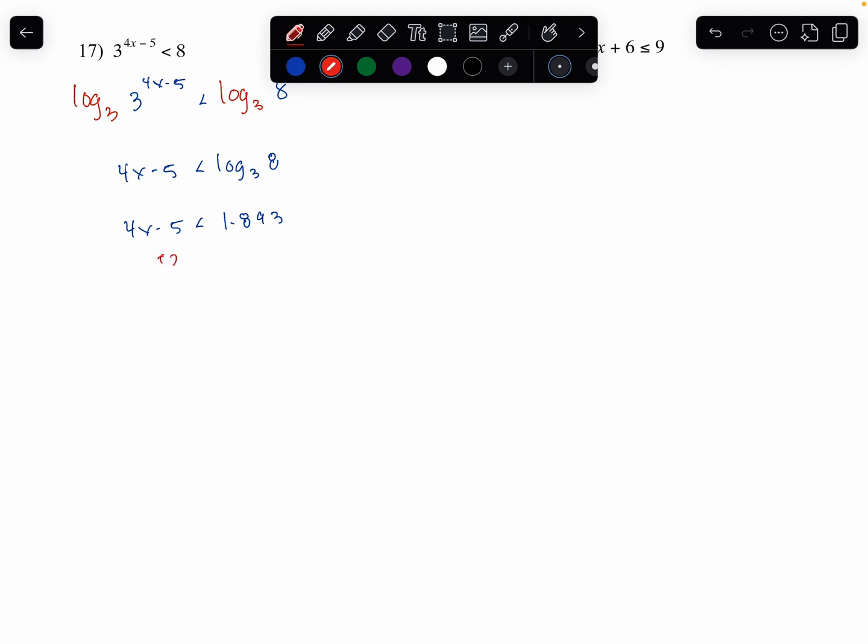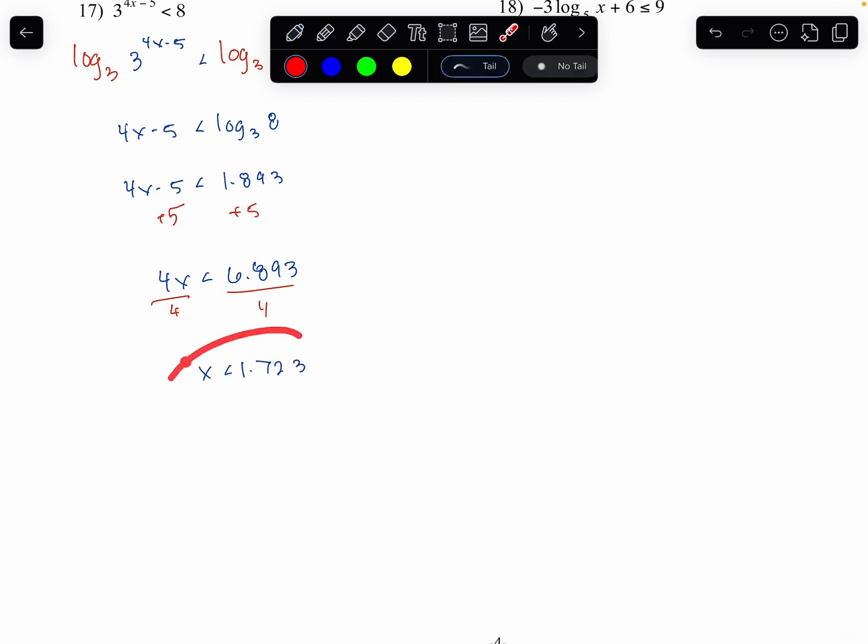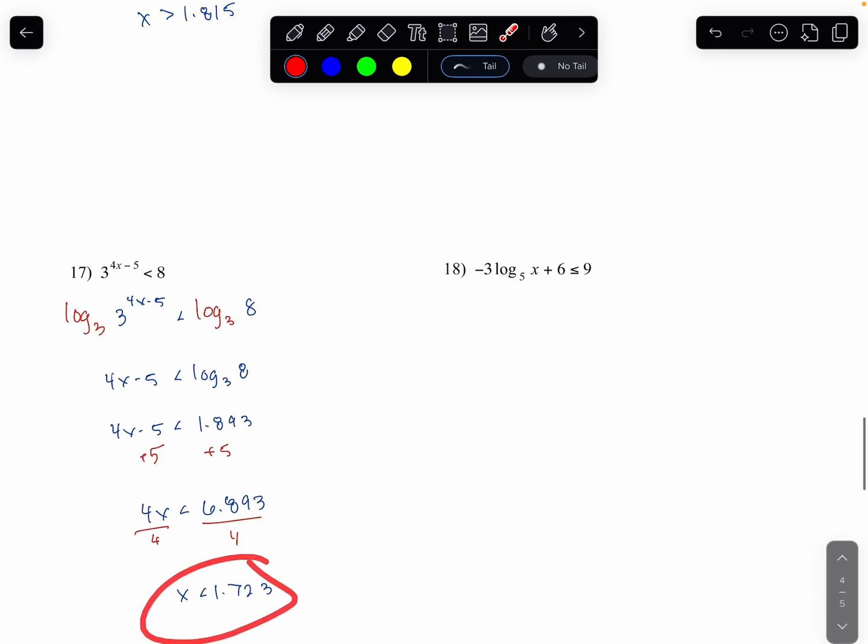Okay, and then I'm going to add 5. So then I get 4x is less than 6.893. And then divide by 4. And I'll get that x has to be less than 1.723. And that will be our final answer right there.